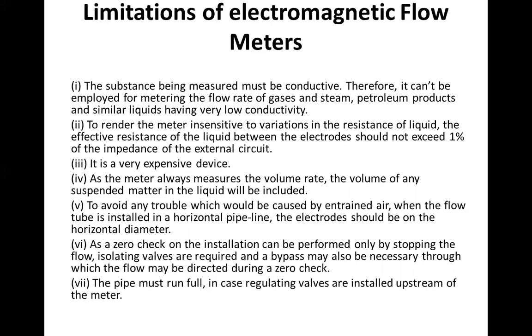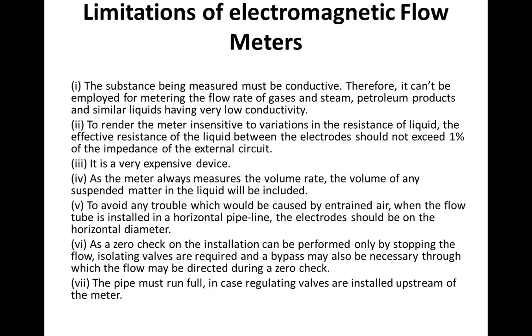It is a very expensive device. As the meter always measures the volume rate, the volume of any suspended matter in the liquid will be included. To avoid any trouble caused by entrained air when the flow tube is installed in a horizontal pipeline, the electrodes should be on the horizontal diameter.